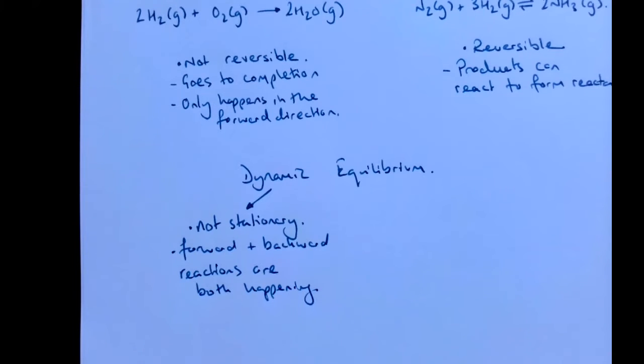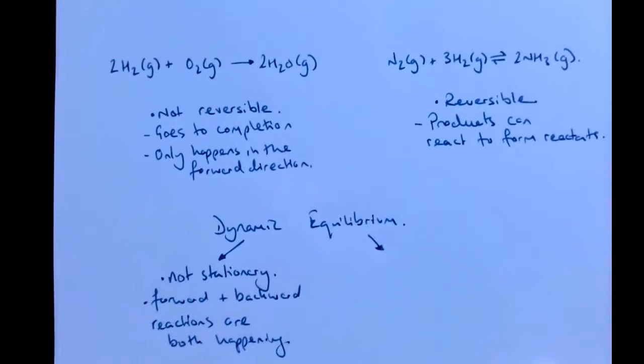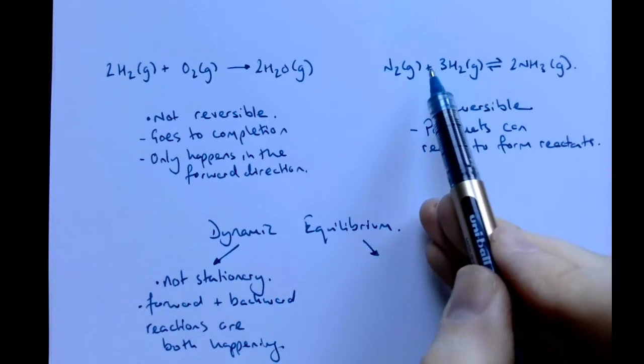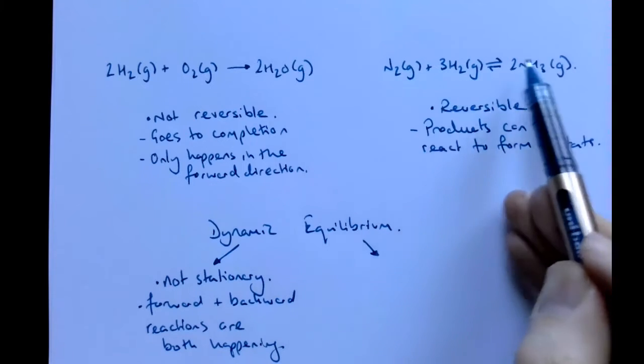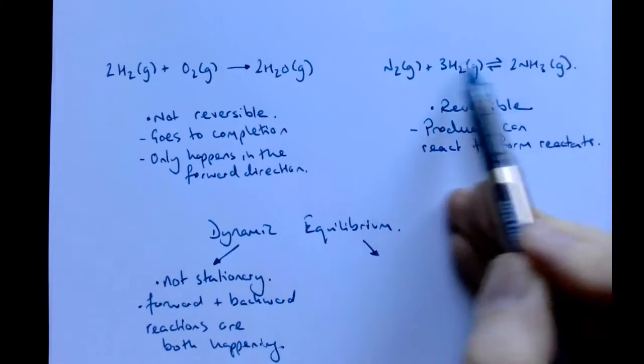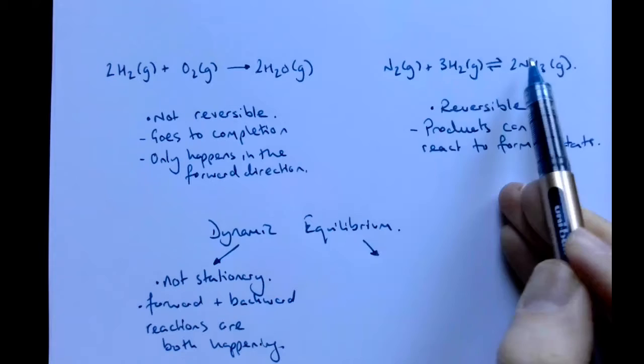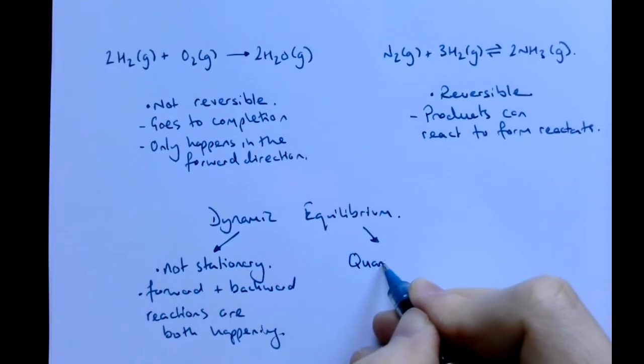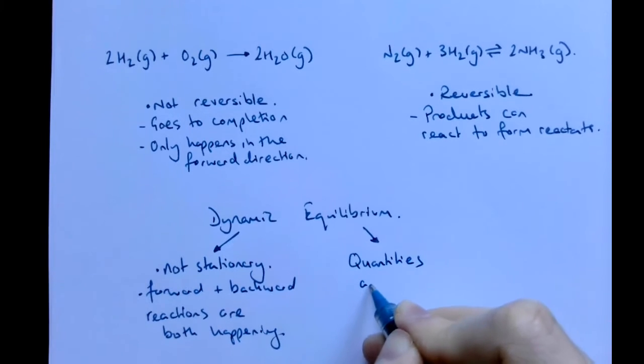And then equilibrium. What does equilibrium mean? You are right in thinking that these don't change in quantity. So even though they're always forming ammonia, because ammonia is always forming nitrogen and hydrogen, the quantities don't change. And that's what we mean by equilibrium: the quantities are not changing.